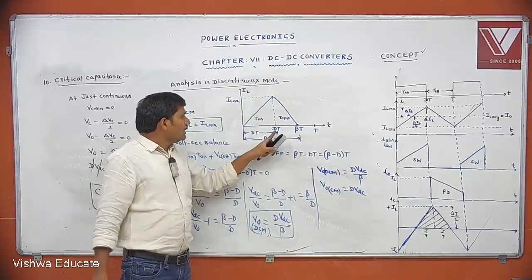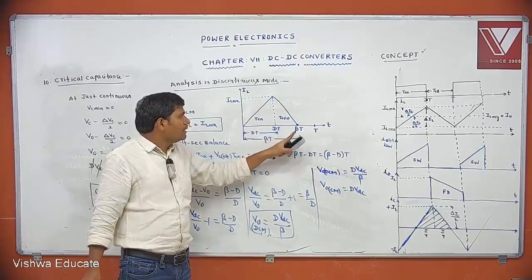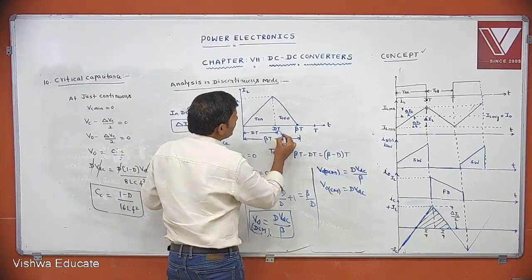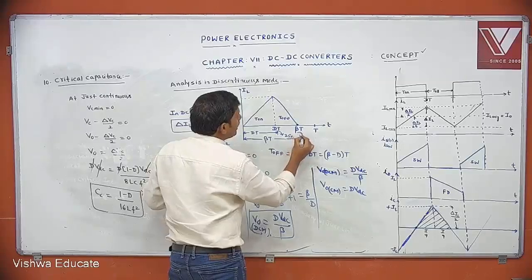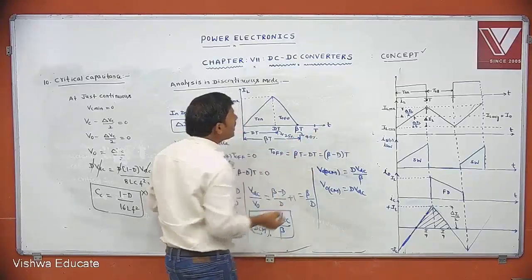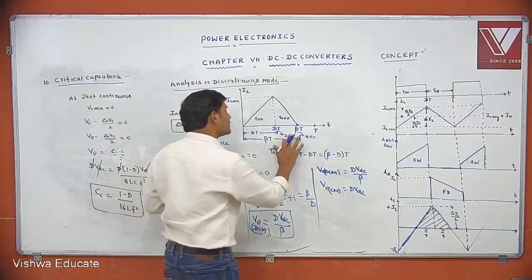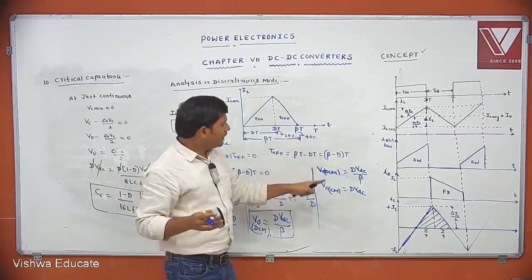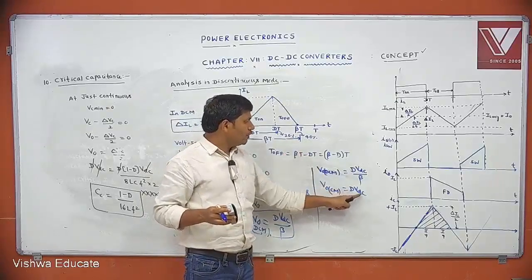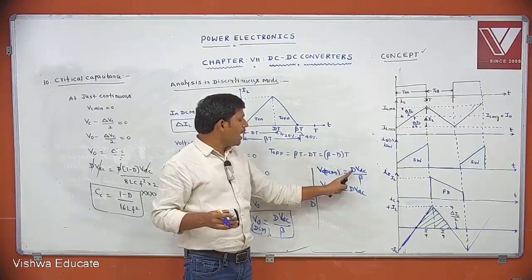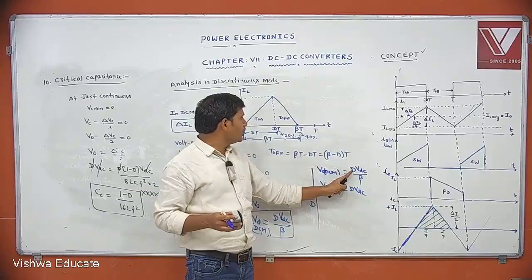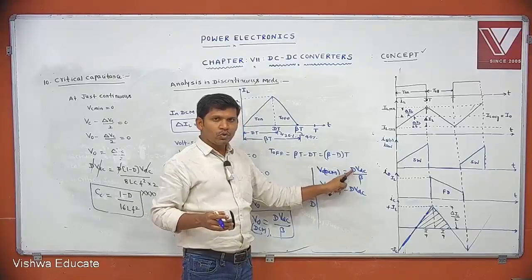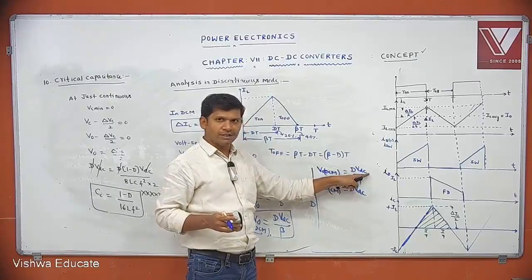This is on time, this is beta. If D is 20% and beta is 40%, then substituting, 0.2 by 0.4 means 2 by 4, 1 by 2, so 0.5 VDC.